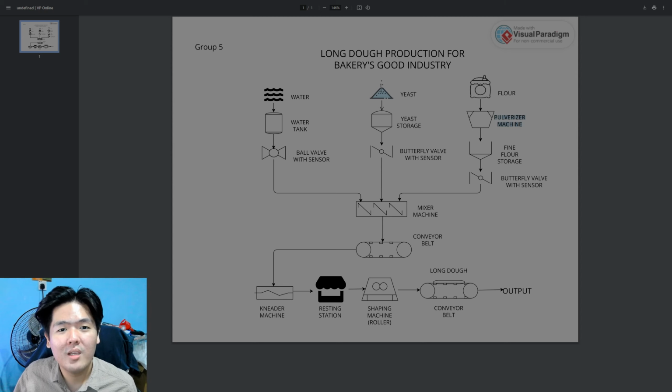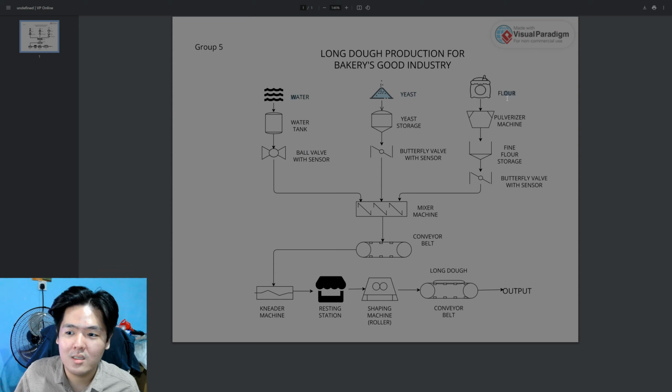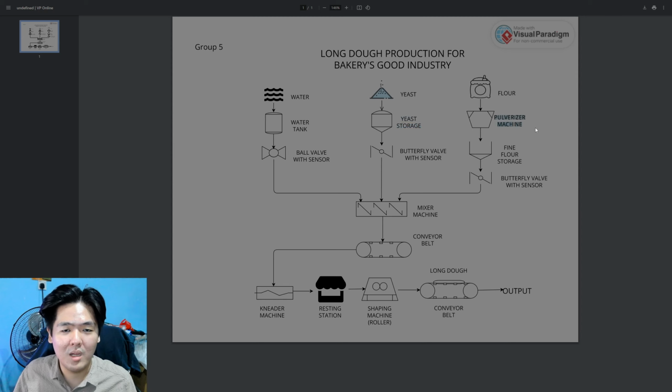Let me give you a TLDR, too long didn't read: how our project would work in an industrial environment. We have only three raw ingredients for this project, which are water, yeast, and flour, and each of them has their own storage to make the whole process much more independent and reduce labor costs.